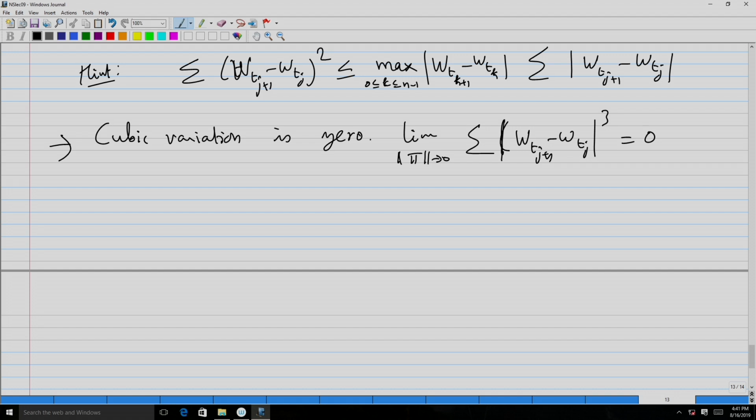Okay. So, this also leaves us with a result, once we have this quadratic variation property, called Levy's characterization of the Brownian motion. So, what is that?